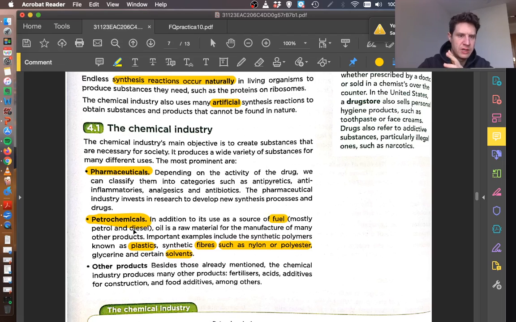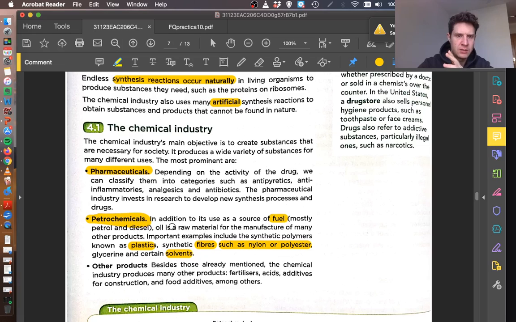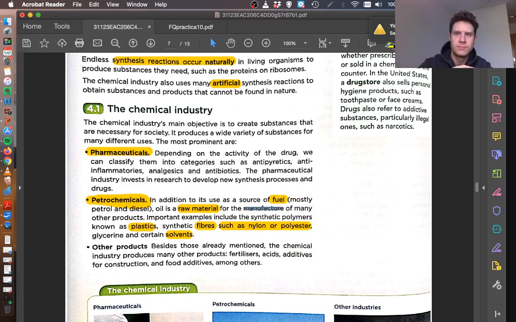We can make diesel, and fuel is a raw material. Raw material is materia natural, una materia en crudo. And it's manufactured. Yes.